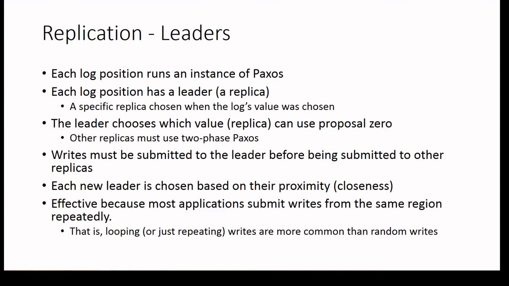That is to say, you do a lot of looping in computing, and when you're writing, you tend to do a lot of looped writing, where you write either to the same value each time, or you write to the next value over and over again. So this is how Megastore combines the advantages of two disparate things. It combines the advantages of a master-based system with the advantages of a not master-based system by using this pseudo-master system.